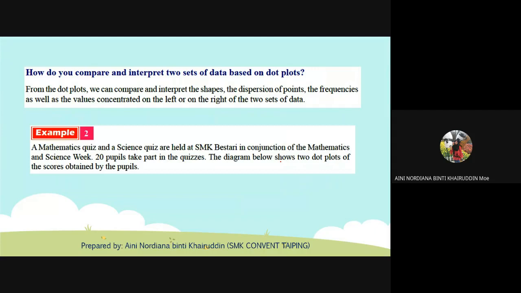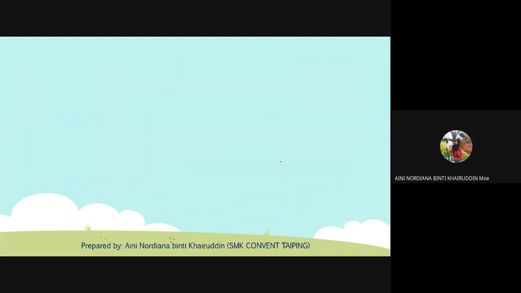Okay, example, a mathematics quiz and a science quiz are held at SMK Bistari in conjunction of the Mathematics and Science Week. 20 people take part in the quizzes. The diagram below shows two dot plots of the score obtained by the pupils.